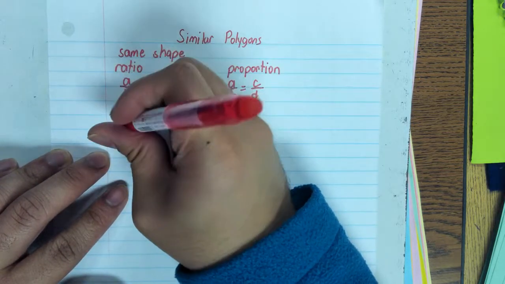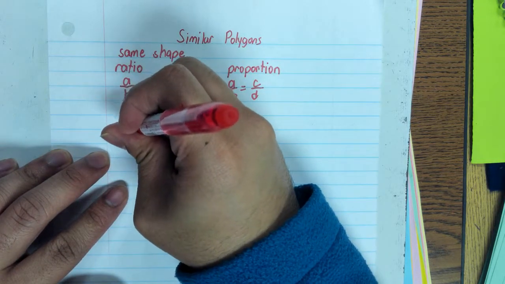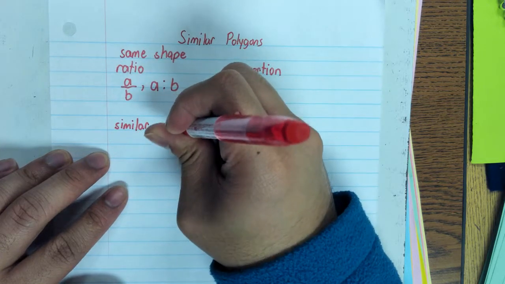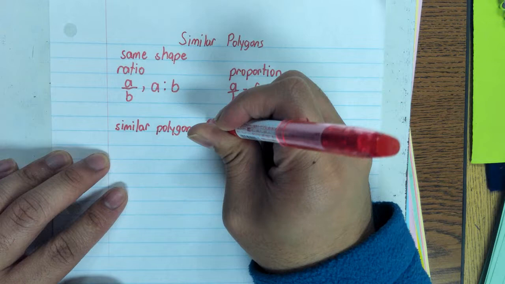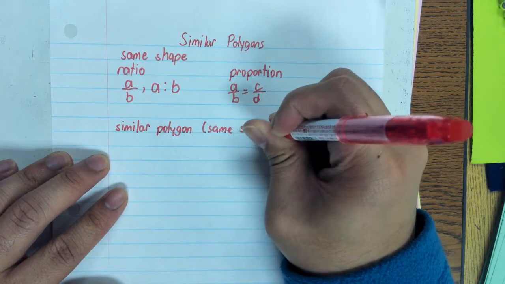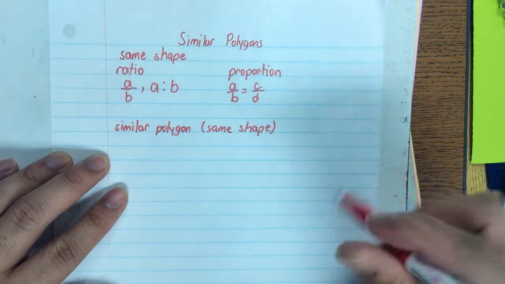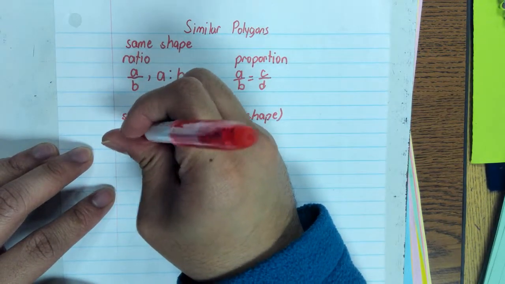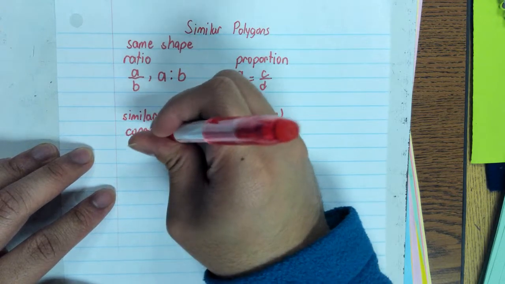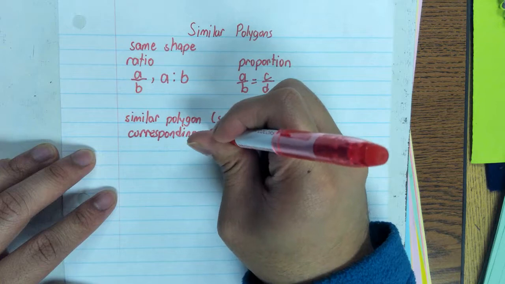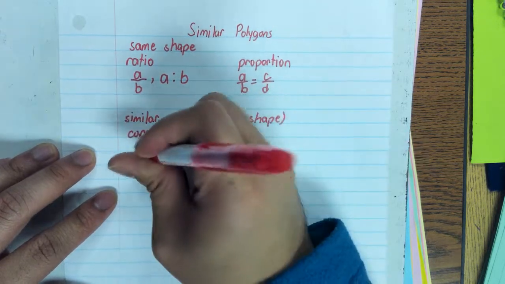Now let's talk about similar polygons. For two polygons to be similar, we said that they have to have the same shape. In order to check for the same shape, two criteria need to happen. One, that their corresponding angles are congruent.